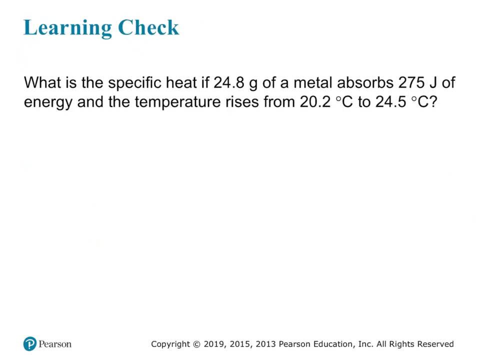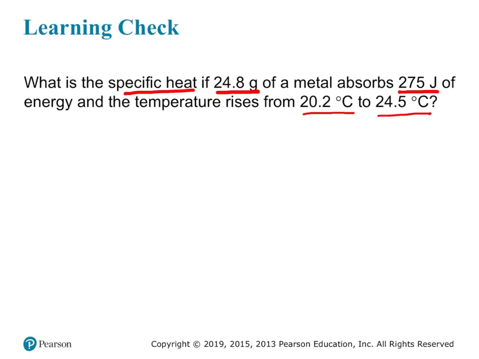So let's do a quick practice problem, kind of going through that calculation or that equation. What is the specific heat if 24.8 grams of a metal absorbs 275 joules of energy and the temperature rises from 20.2 degrees Celsius to 24.5 degrees Celsius?